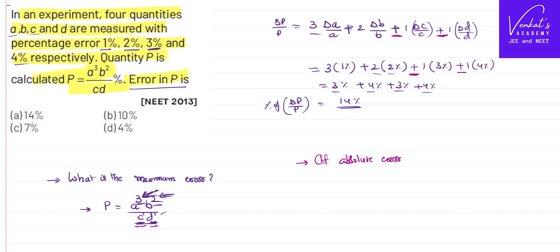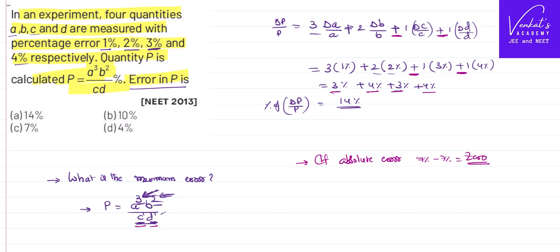Here you will get a minus, here you will get a minus. Then what happens? 3% plus 4% is 7%. This will become minus 3% and this becomes minus 4%. So altogether that becomes 7% minus 7%, that becomes 0%.